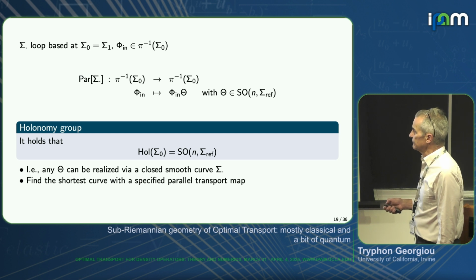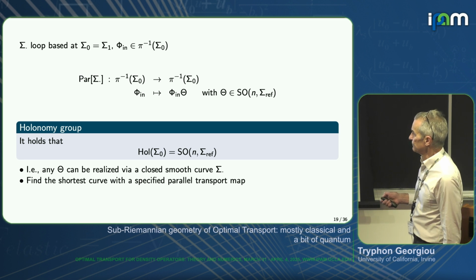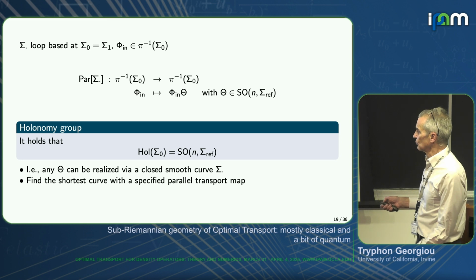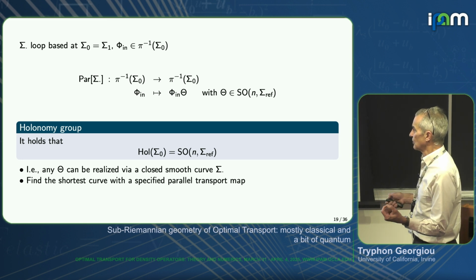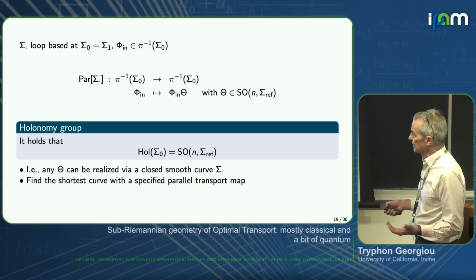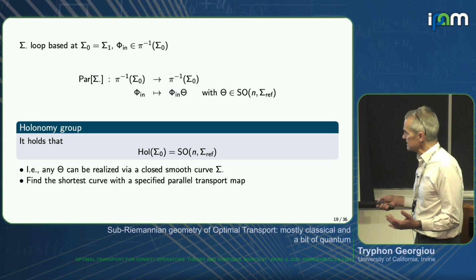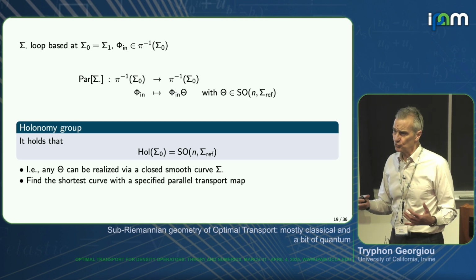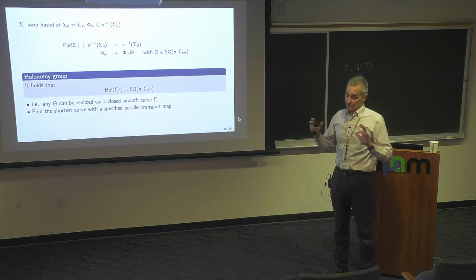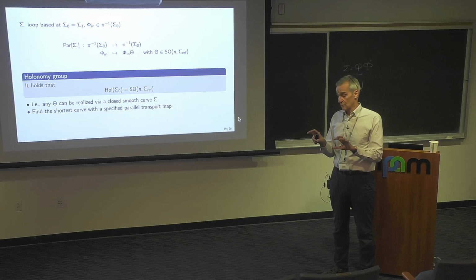So, for example, if sigma loops and starts from the beginning and goes to the end, then you can talk about the holonomy. And the first thing that we show, which is not very difficult, is based on the fact that if you have two symmetric matrices, you can look at their commutators.